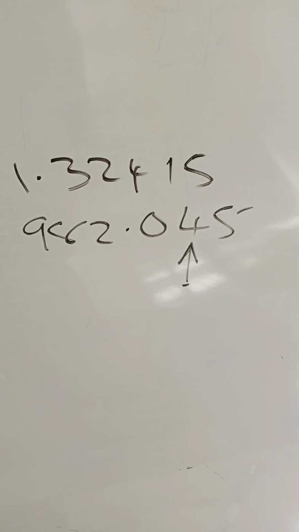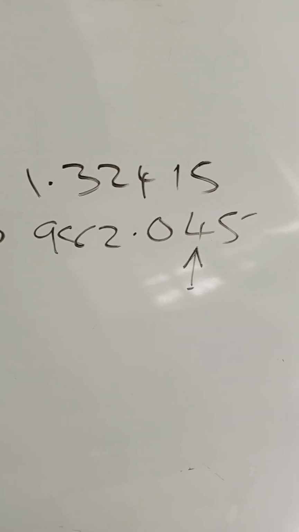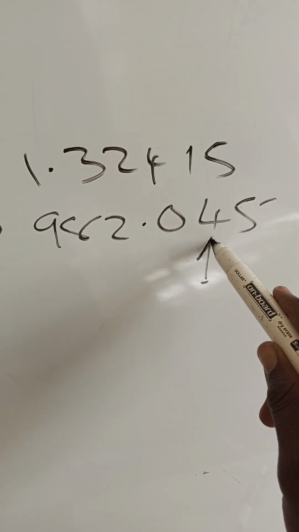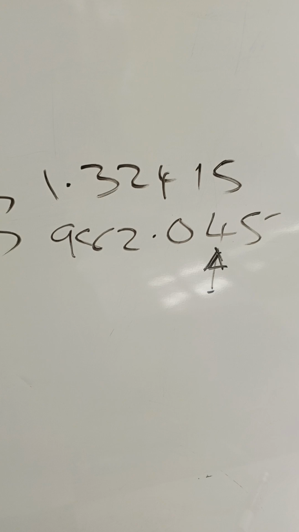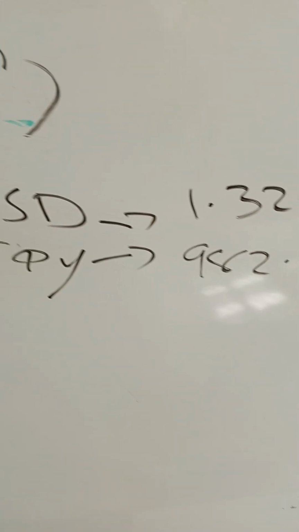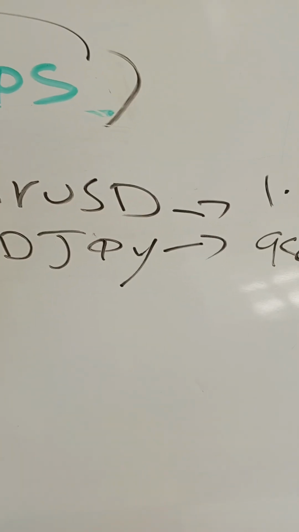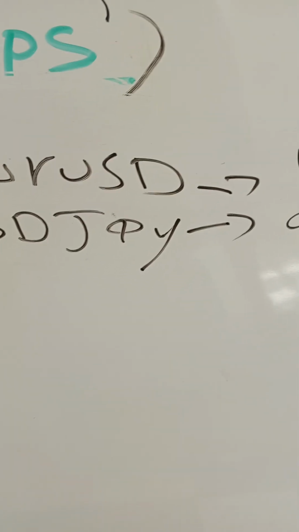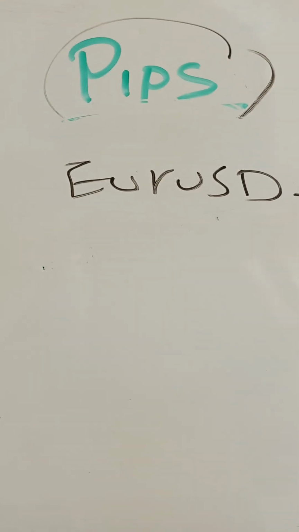Any pair with JPY, guys, I want you to understand this. The pip is actually this point, the second digit after the decimal place. Then on these normal currencies like Euro USD, allow me to label this part so that I show you clearly.